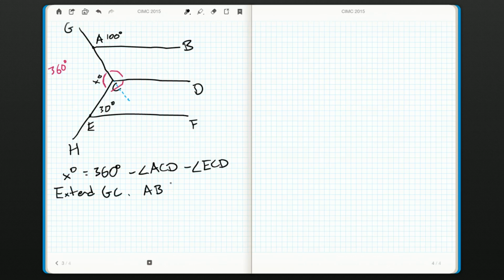So AB is parallel to CD, and they both intersect our extended line GC. The only reason I extended it was to make it more clear that CD is hitting GC, intersecting with it.